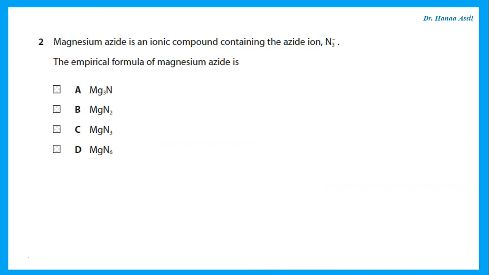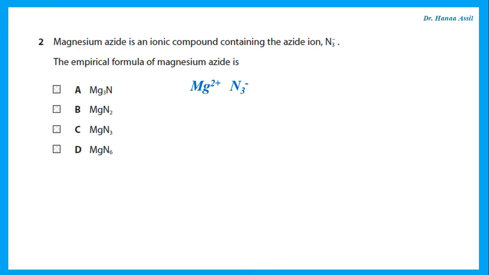Magnesium azide is an ionic compound containing the azide ion, and we're told that the azide ion is N3-. The empirical formula of magnesium azide is what? How do we write the formula of anything? Magnesium is 2+, it has a valency of 2 or an oxidation number of 2.